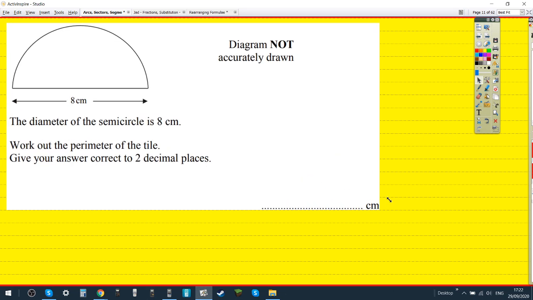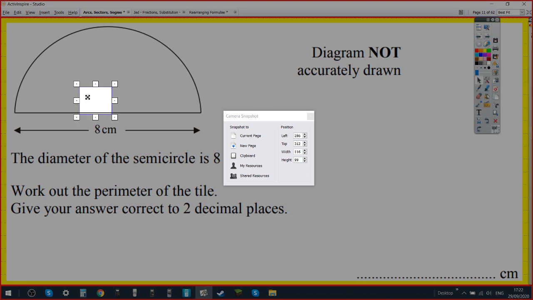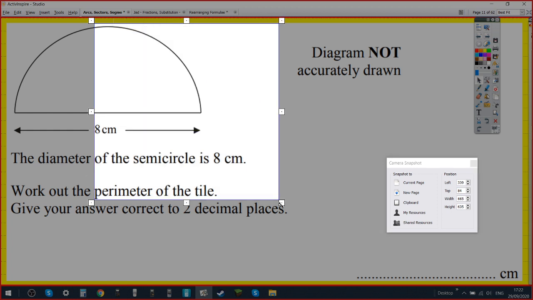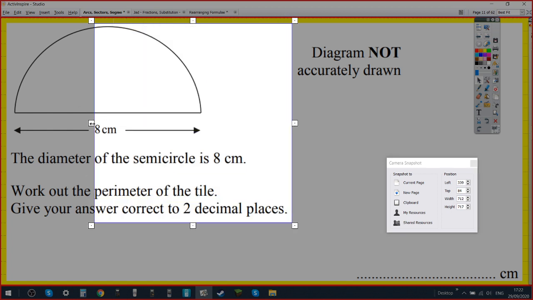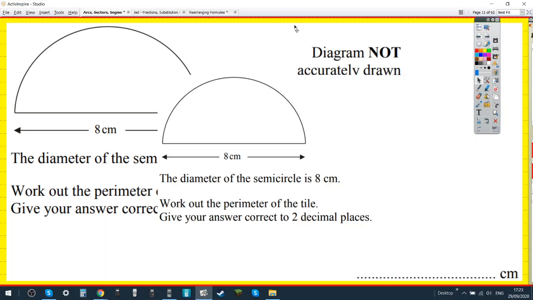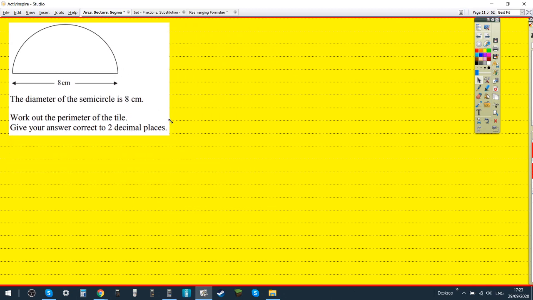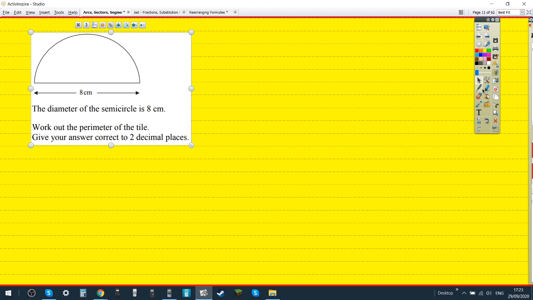Okay, so work out the perimeter. So you have to do 8 centimeters. So do you do pi plus 8? So it will be arc plus 8. How do you get the length of the arc? Curved bit.